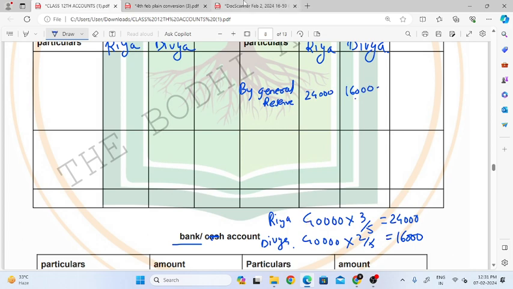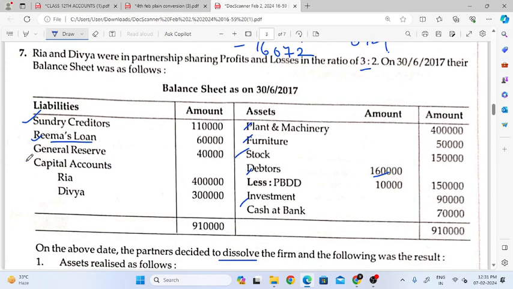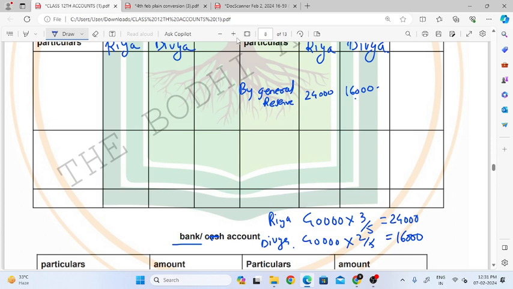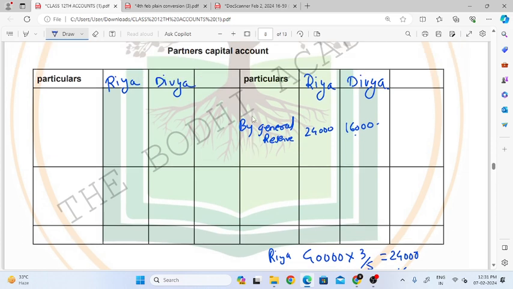Next thing we have to check the capital balance figures. Capital figures for Riya and Divya are 4 lakh and 3 lakh. So by balance brought down, 4 lakh and 3 lakh.